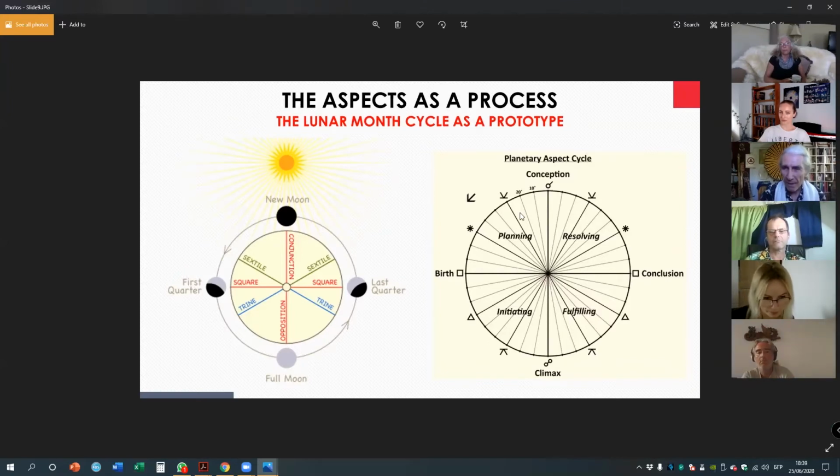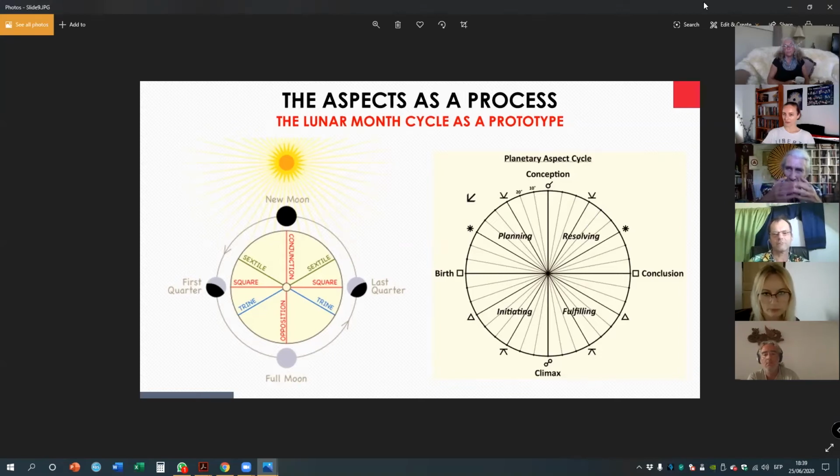Well, at the semi-sextile, you're going to have to, as Roger says, focus. So you start to get this focus. You've got a vector of intention that's moving ahead. As you come up to the first quarter, that momentum is at its peak. But in order for you to get to the full moon climax, you've got to, and he talks about this in the lunation cycle, grab hold of the steering wheel and turn it towards the vision that is becoming larger and larger.